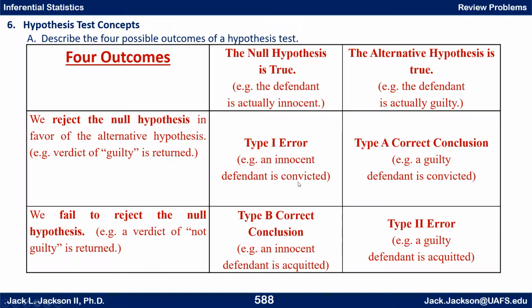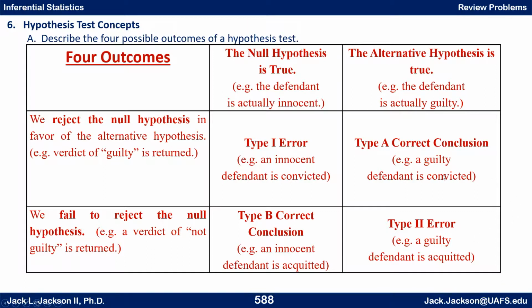A type 1 error, then, is when an innocent defendant is convicted. That is, rejecting the null hypothesis when the null hypothesis is actually true. The other type of error is a type 2 error. That's when a guilty defendant is acquitted. They get a not guilty verdict when they really did do the crime. Type A correct conclusion would be the guilty defendant is convicted.